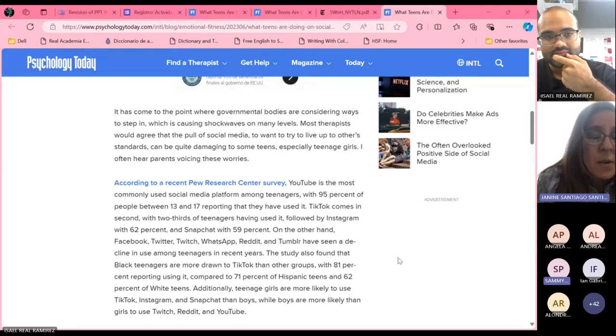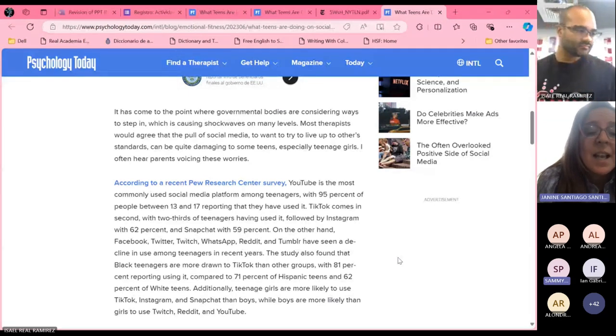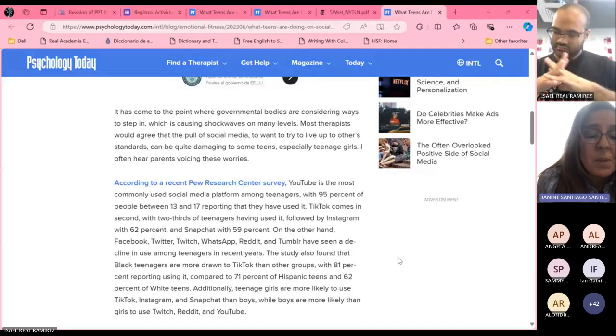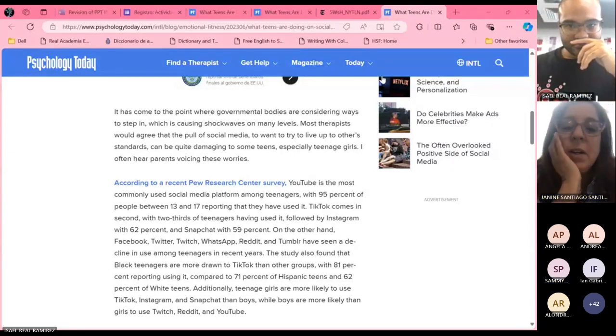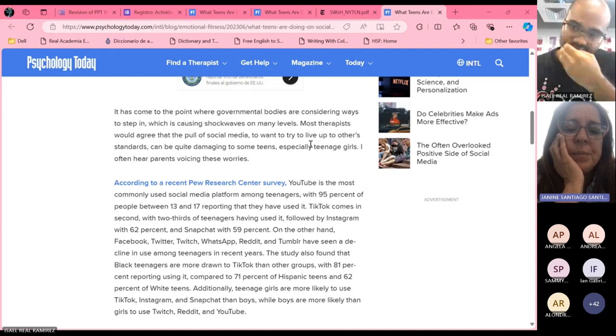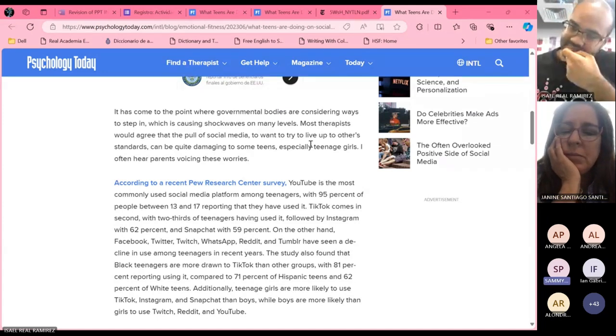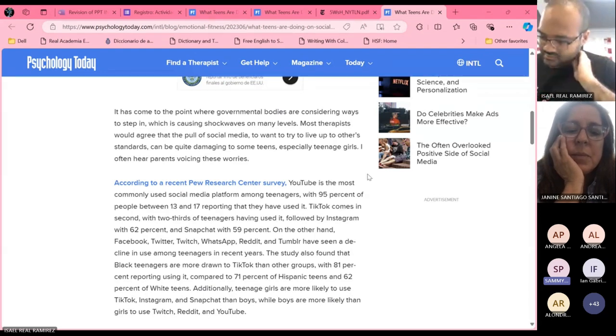Most therapists would agree that the pull of social media to want to try to live up to the other standards can be quite damaging to some teens, especially teenage girls. What do we understand there? That people are being damaged by what they're seeing. They're comparing themselves with what they see.